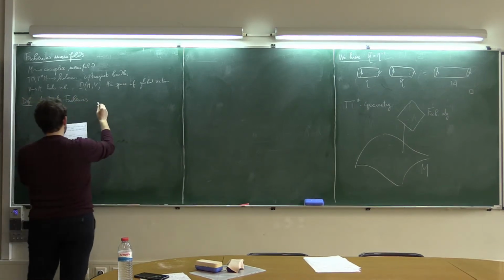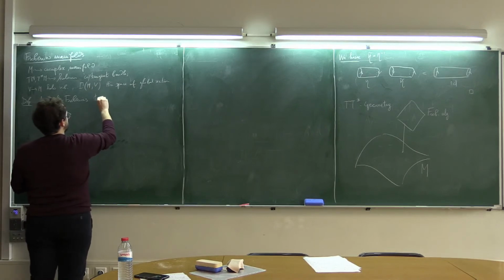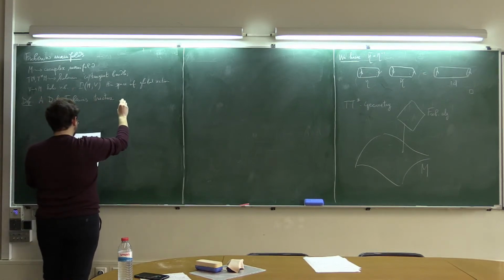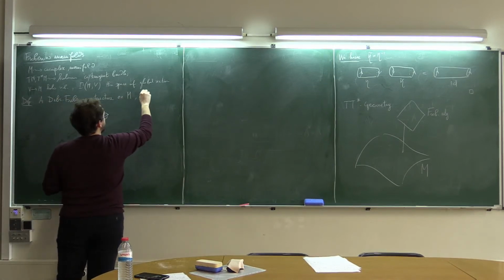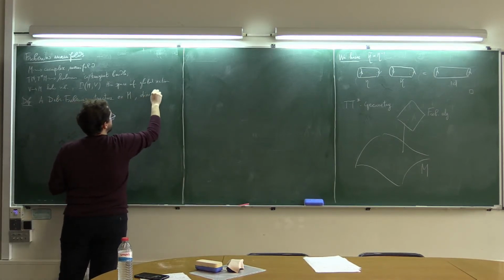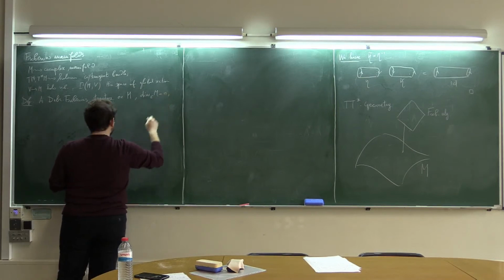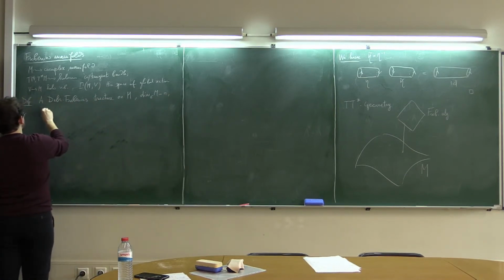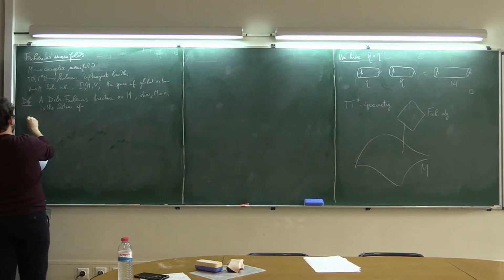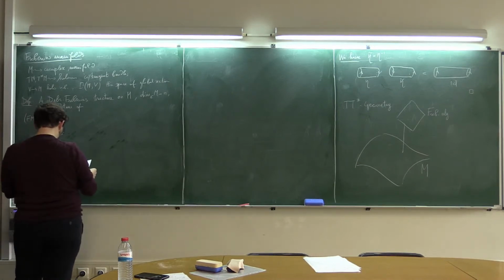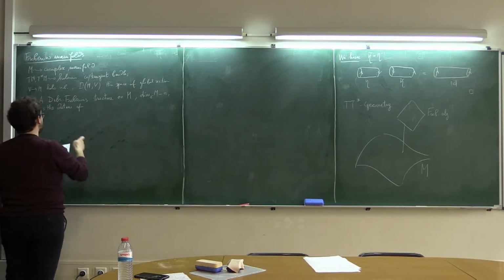So a Dubrovin-Frobenius structure on M, whose dimension is n, is the datum of, so we have many gadgets. First of all, we need a metric.